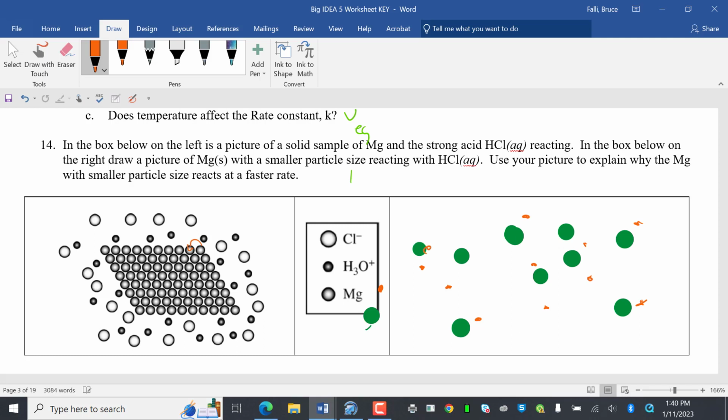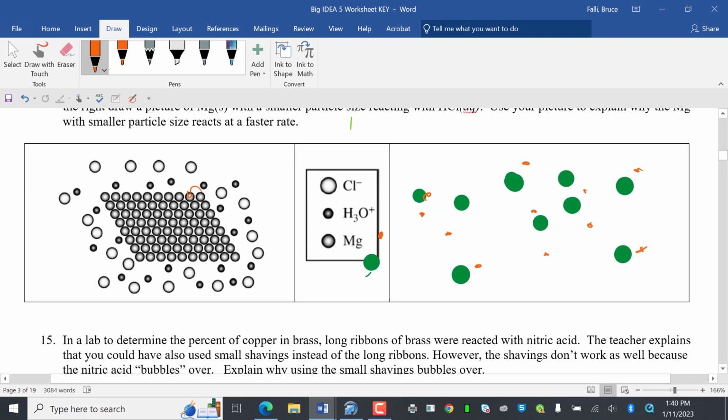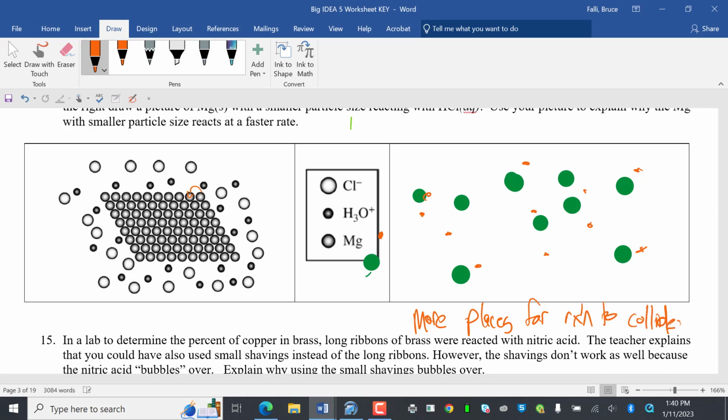So on the box below, on the right, draw a picture of Mg with smaller particle size reacting with HCl aqueous. Use your picture to explain why Mg with smaller particle size. There are more places for reactions to occur. Collide and occur.